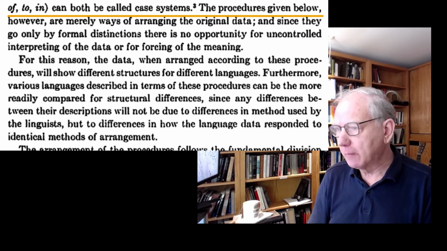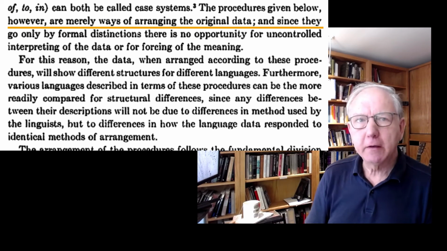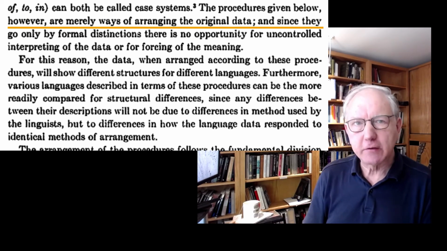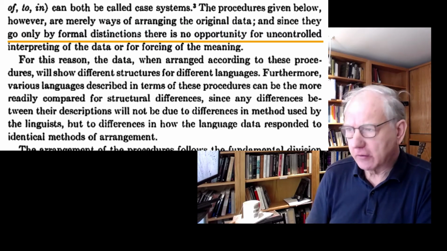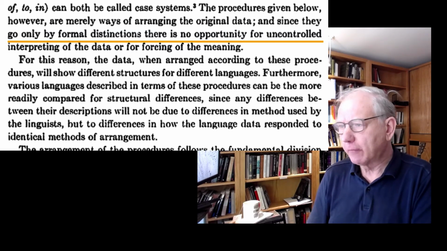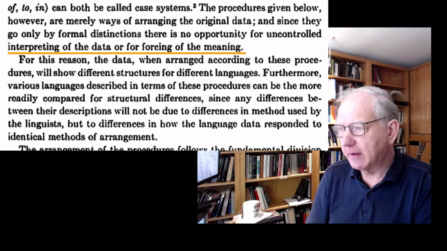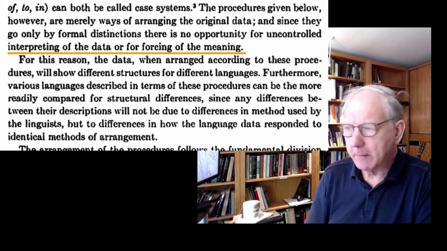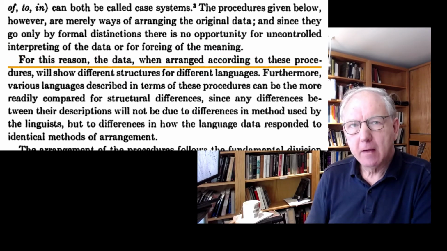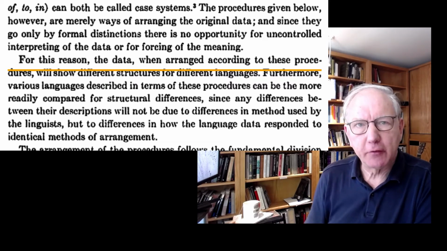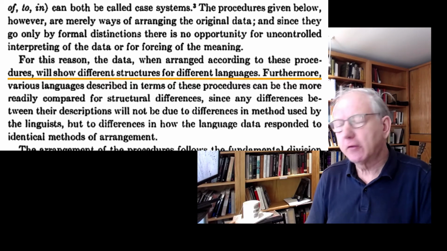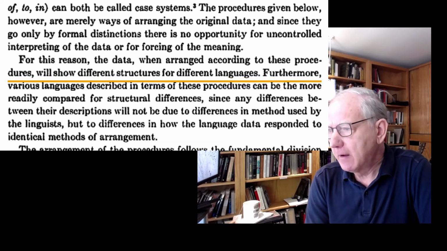The procedures given below, however, are merely ways of arranging the original data. And since they go only by formal distinctions, there's no opportunity for uncontrolled interpretation of the data or for forcing of the meaning. For this reason, the data, when arranged according to these procedures, will show different structures for different languages.